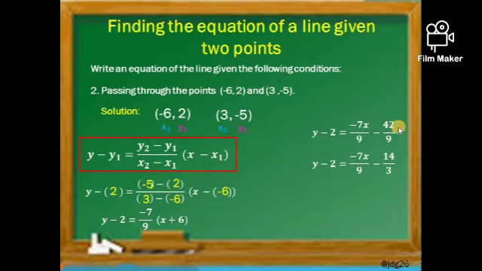Simplify natin yung 42 over 9. Since they are both divisible by 3, so divide natin. 42 divided by 3 is 14 and 9 divided by 3 is 3. So, kailangan lang natin i-write into simplest form. Then, add both sides by 2. So, we have now y equals negative 7x over 9 minus 8 over 3.